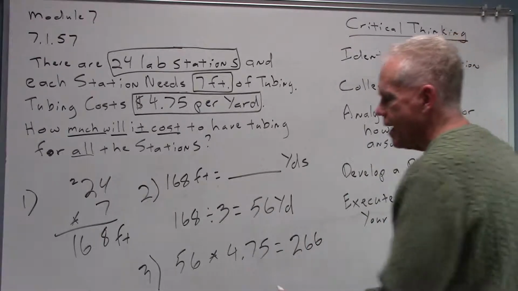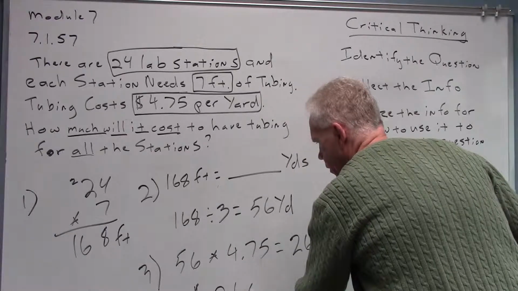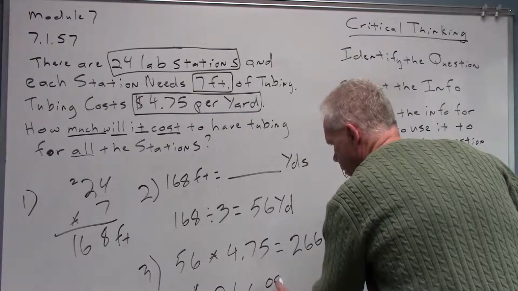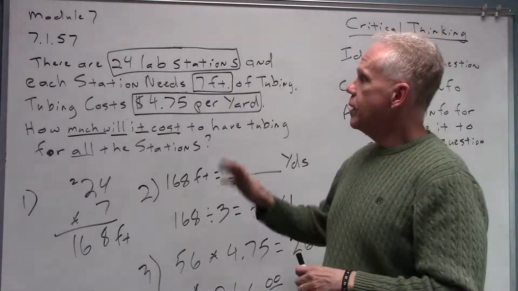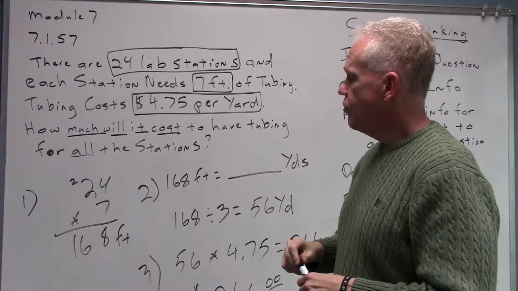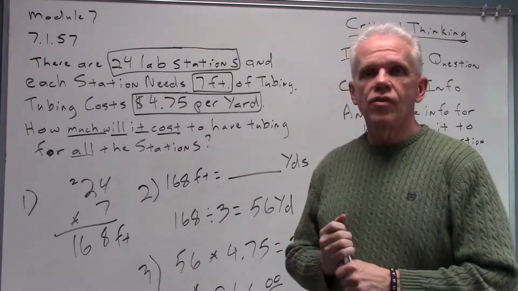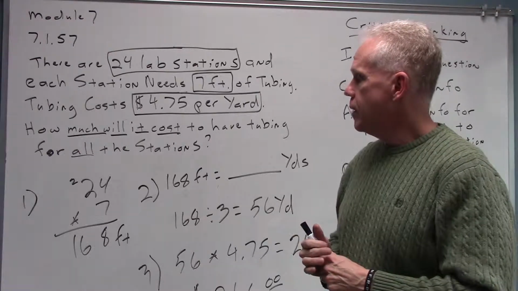Now what we're talking about then is the cost to buy 7 feet of tubing and make sure I've got enough tubing for all 24 lab stations is going to be $266, and that'll get me exactly what I need, right on the money.